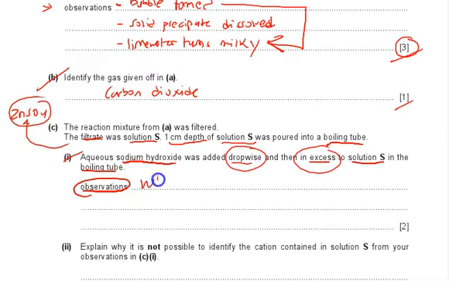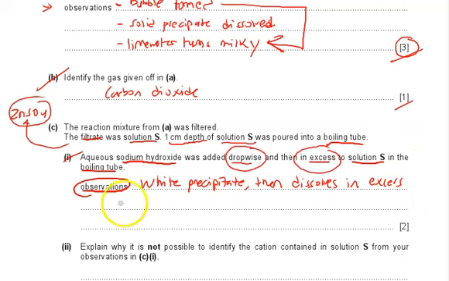So we can have a white precipitate, which can then dissolve in excess sodium hydroxide to form a colorless solution.